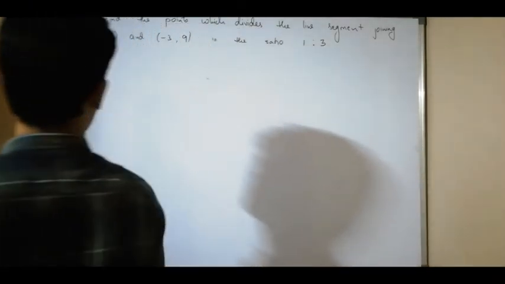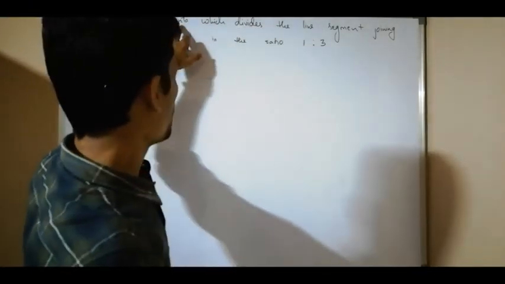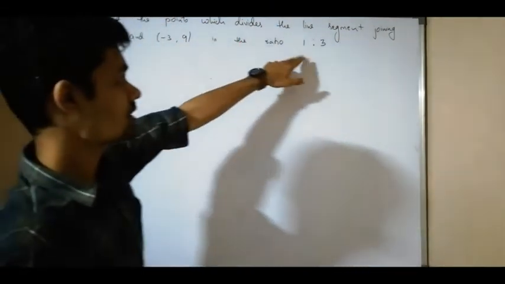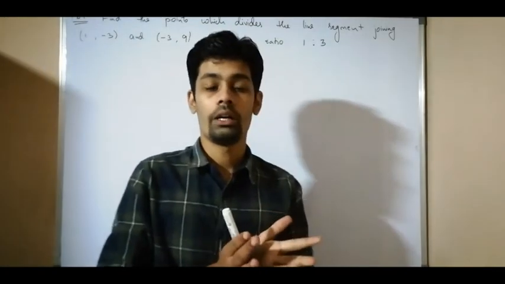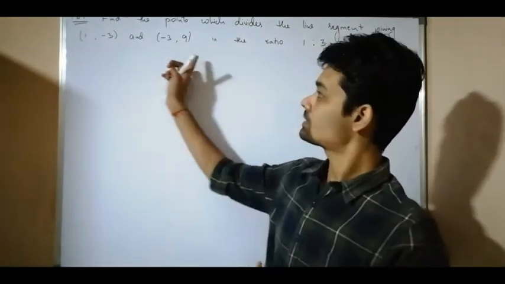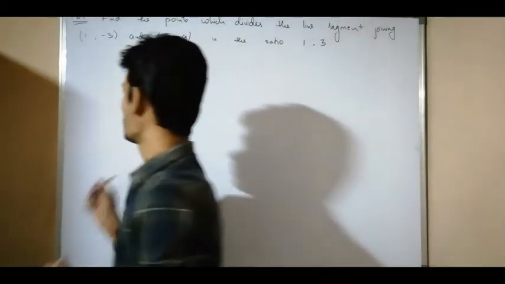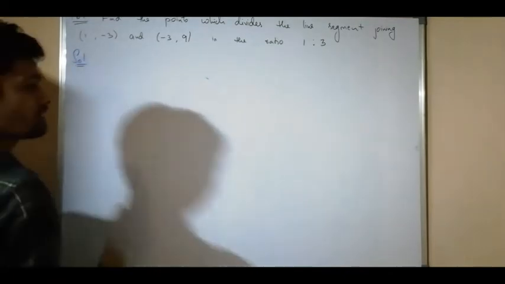What is given in the question? We have to find the points which divide the line segment joining these 2 points in this ratio. What is the point which is dividing this line segment in this ratio? We have already discussed a formula. What are the given points?